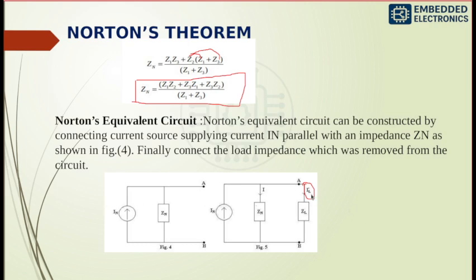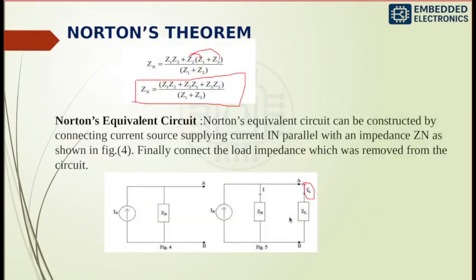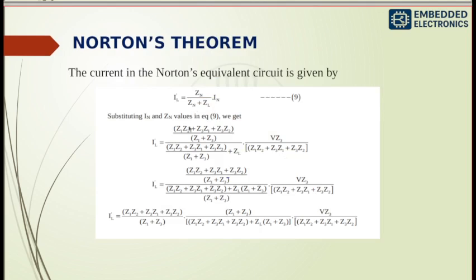Okay, we need to find this value. For that we get this, both are parallel, right? So Zn divided by Zn plus ZL into IN. So now we have the values of IN and Zn that you need to substitute here.